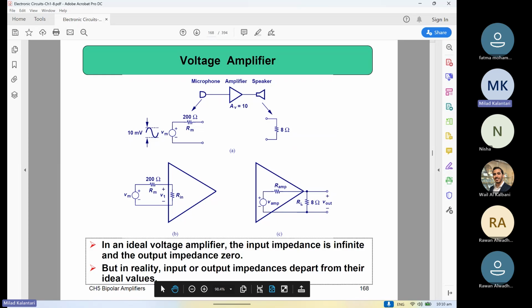We are trying to see what a voltage amplifier is and why we are using it. This shows one example where we want to amplify a tiny received signal from a microphone, amplify it, and deliver it to a speaker, right?